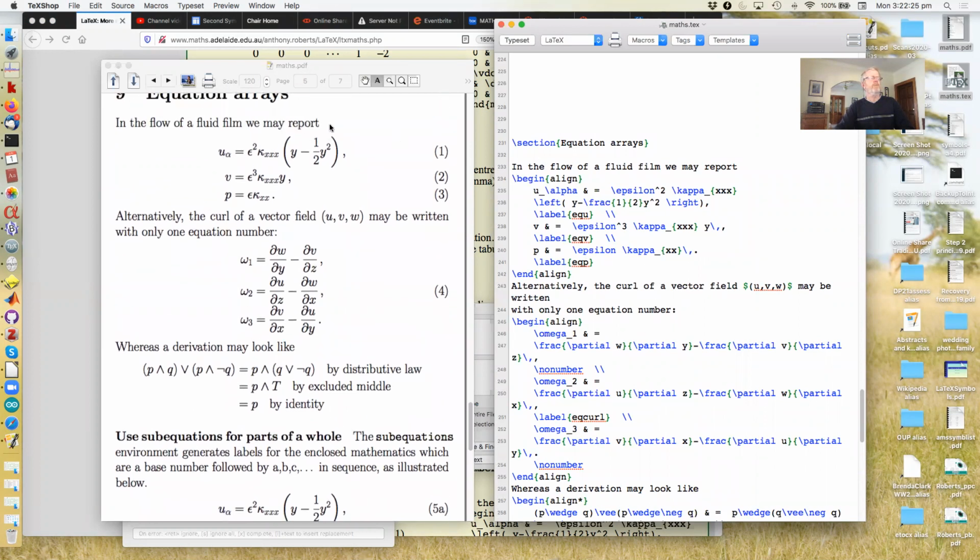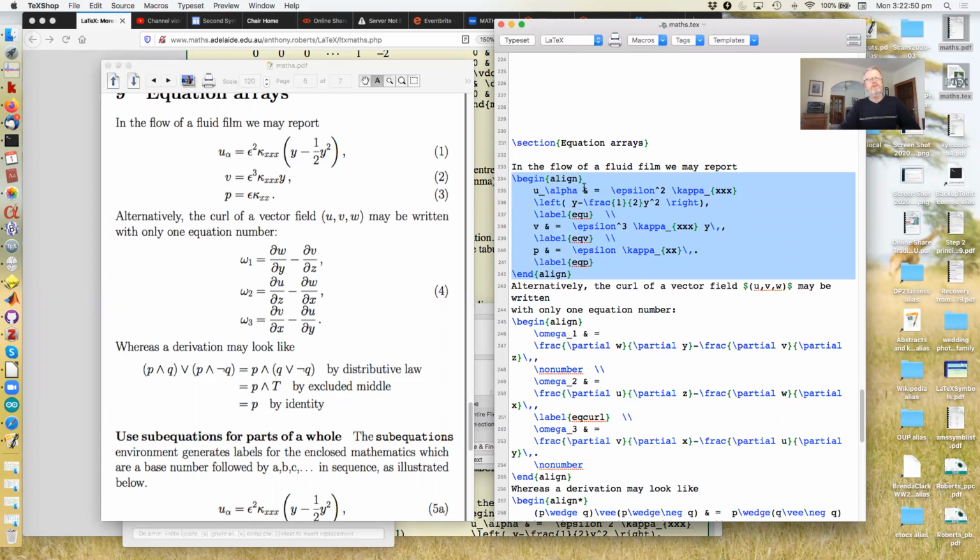So here is one example where we want to align an equation. It's 3 equations. It's all talking about the one thing. It's the flow of a fluid. It's talking about the horizontal velocity, the vertical velocity, and the pressure of that one flow. So we want all those equations together and aligned. The align environment does it. Here it is.